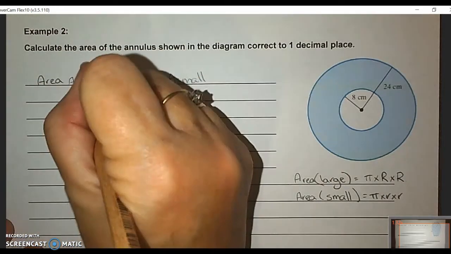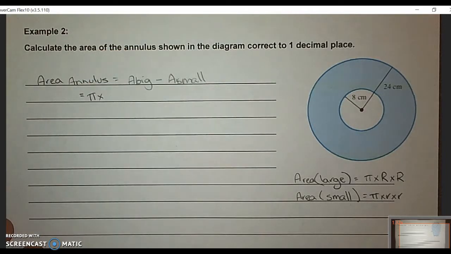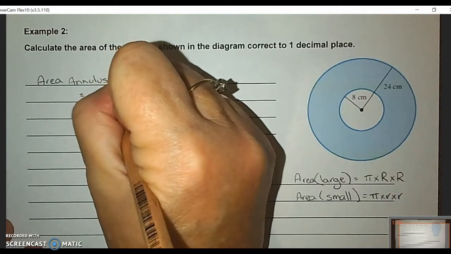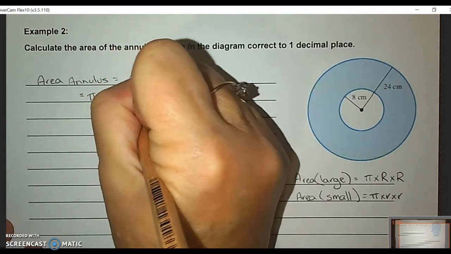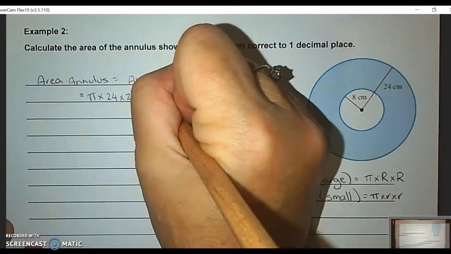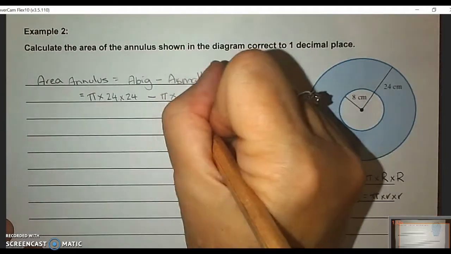So now the bigger R is 24. Take away, and the small one is 8.